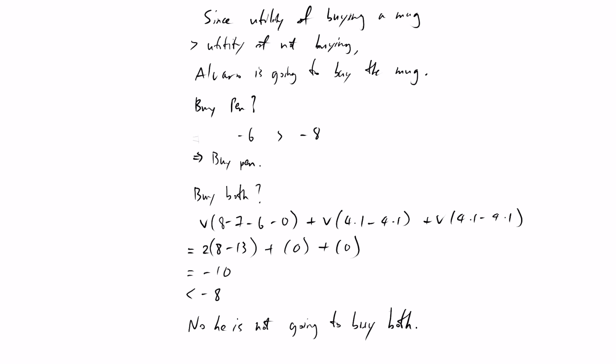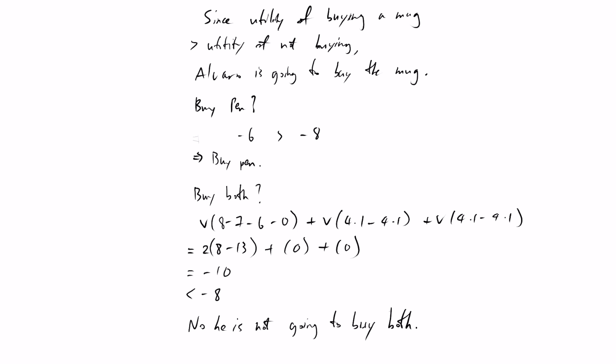Okay. So the intuition is he is willing to forego some unexpected gain in money in order to avoid the sense of loss in mugs or pens.